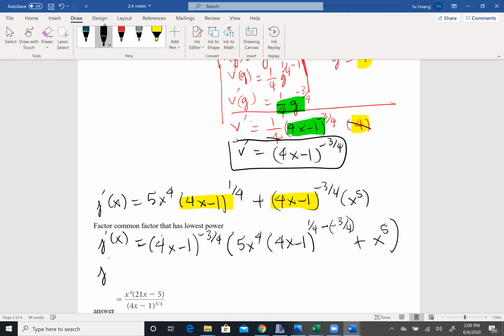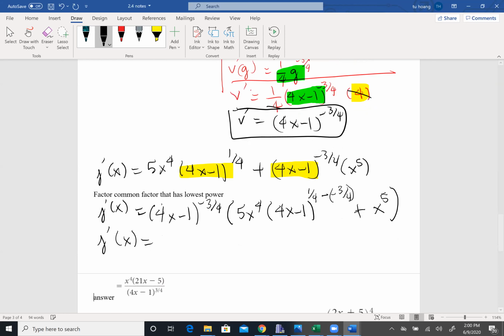So now you have f derivative of x will be equal to 4x minus 1. You know what? I'm gonna change this to be a positive power.